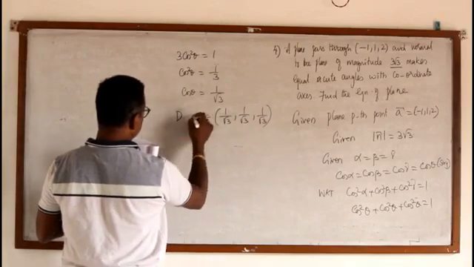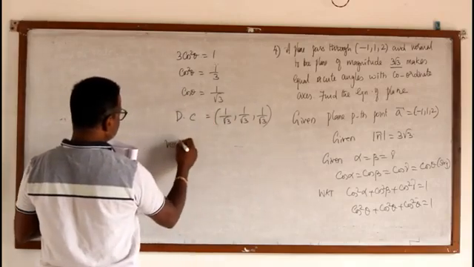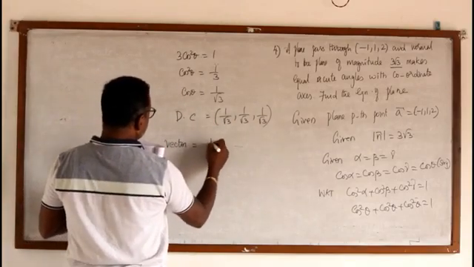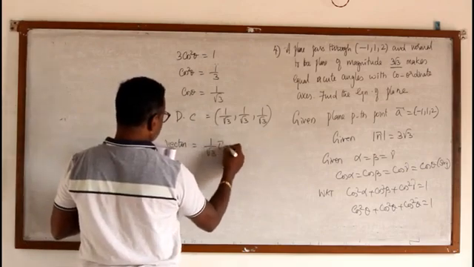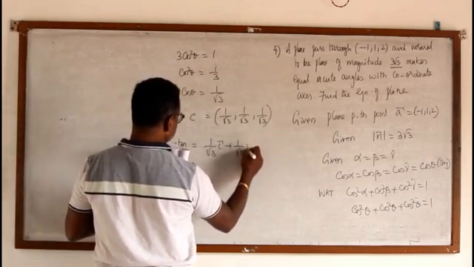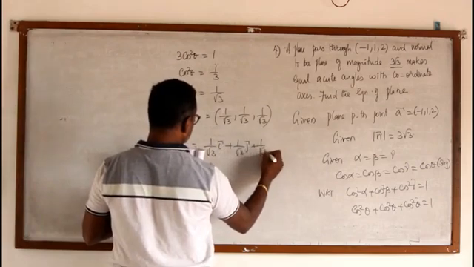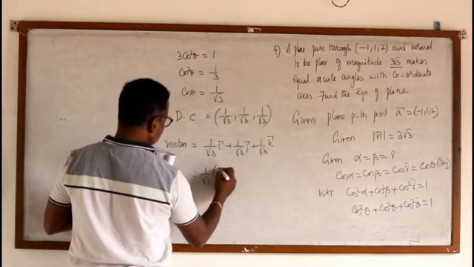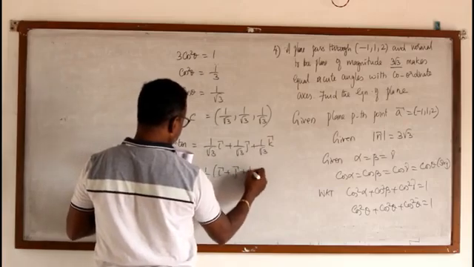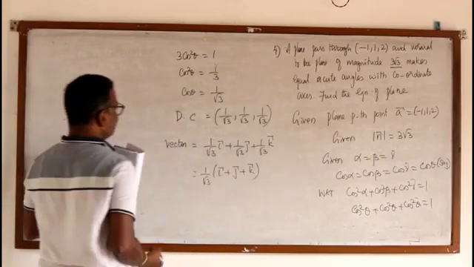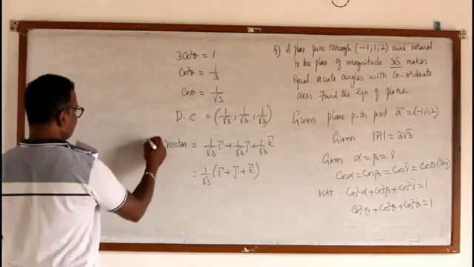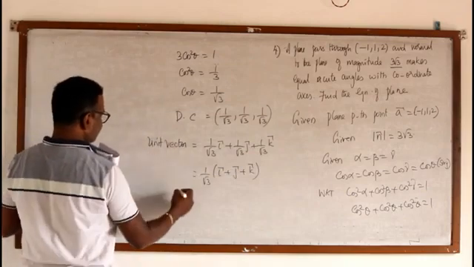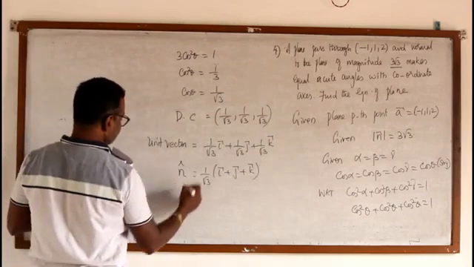This is the direction cosine. Therefore, the vector is 1 by root 3 i plus 1 by root 3 j plus 1 by root 3 k, that is 1 by root 3 into i plus j plus k. Remember, if I take modulus, this will become 1. Therefore, this is a unit vector, so I shall take it as n cap.